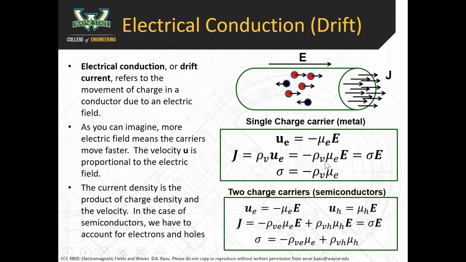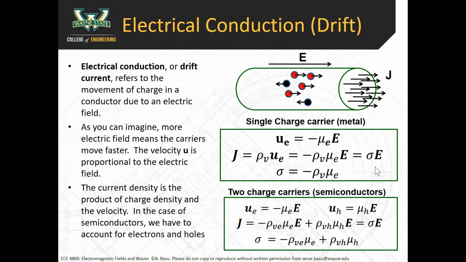Now these things both have a subscript e, and the subscript e denotes electrons. When we're talking about holes, there's a subscript h to denote holes. So this is saying that the velocity is proportional to the electric field, and the constant of proportionality is this thing here, mu. This is often a point of confusion: don't confuse u with mu.